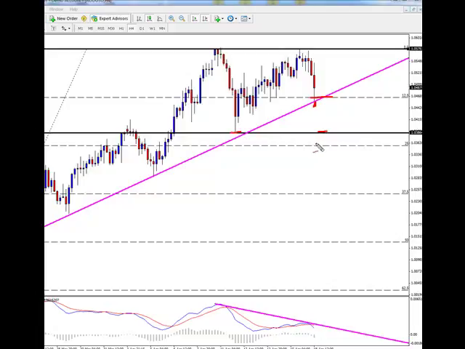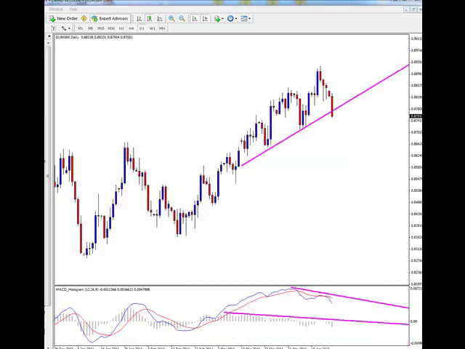Before that, this whole level is probably a very important level to get through, and then if we can get through there, we can go towards our first real fib level, which is 37% more or less. So I'm going to look to short the Aussie too, but only with a close below that trend line.